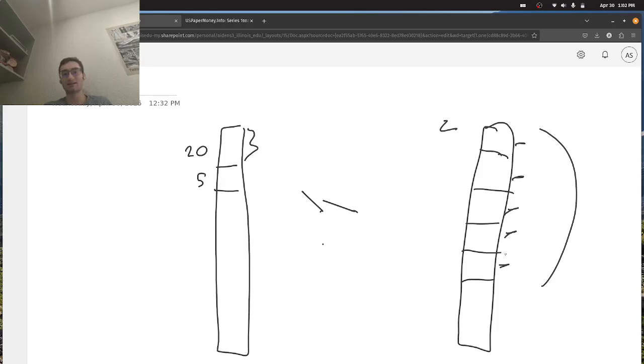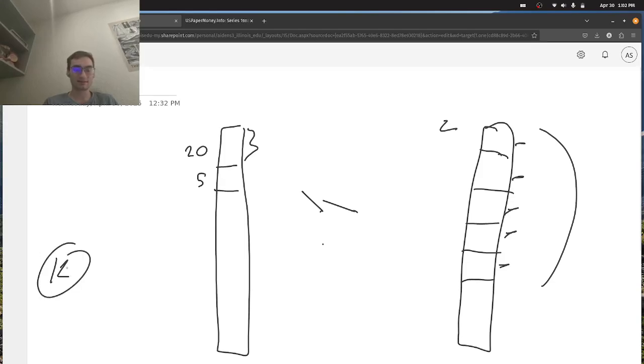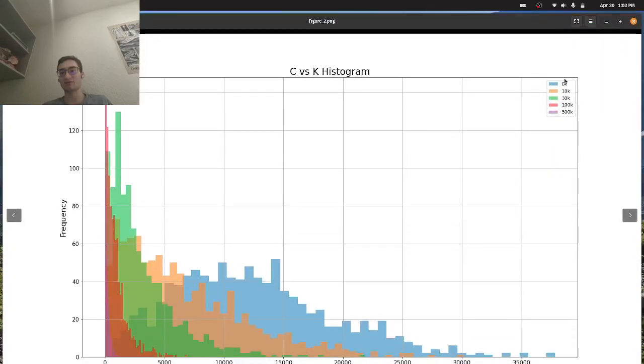But I do end up running the simulation, and another part that I missed is that if we imagine we already own K cards, then what is the expected number of draws? I ran the simulation for various numbers of K: 0, 10,000, 30,000, 100,000, and 500,000.